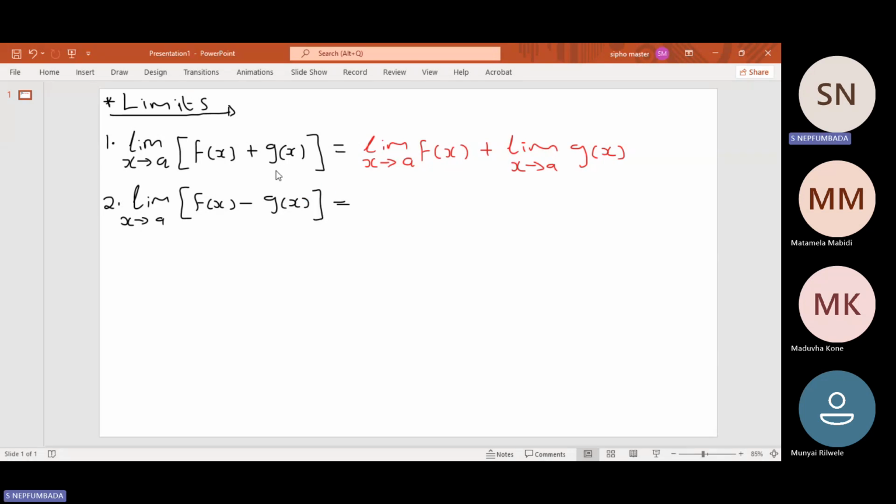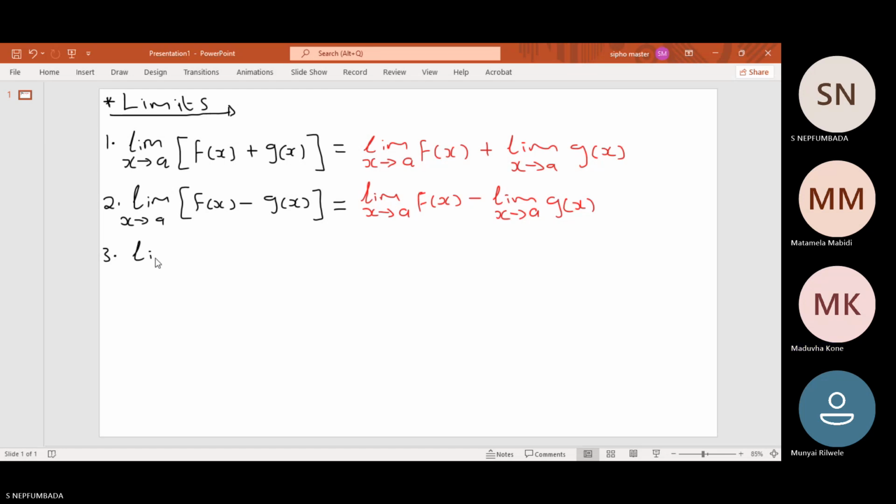This is nothing but going to be equal to our limit of x approaching a of f at x minus our limit of x approaching a of g at x. So that limit is going to be distributed to what is inside the brackets. Are you following?